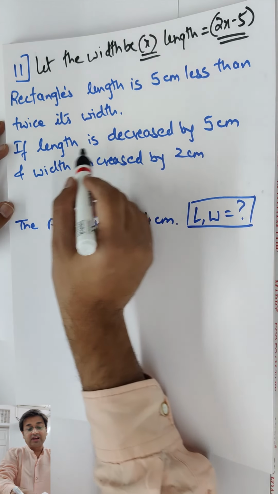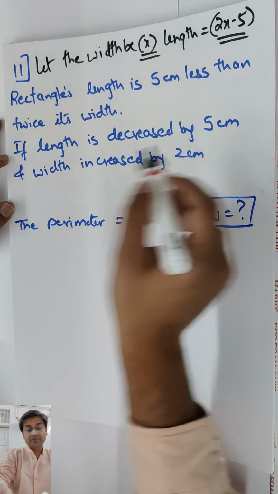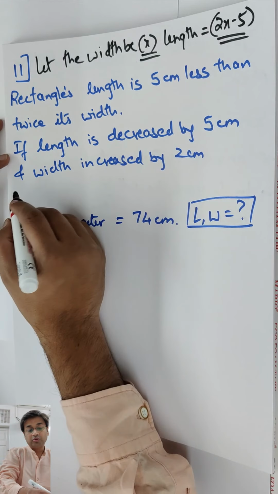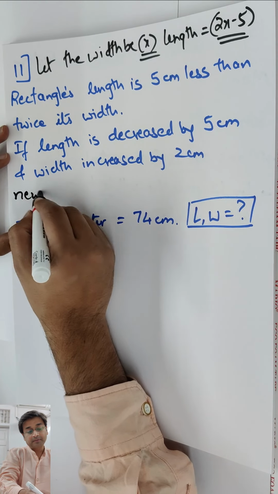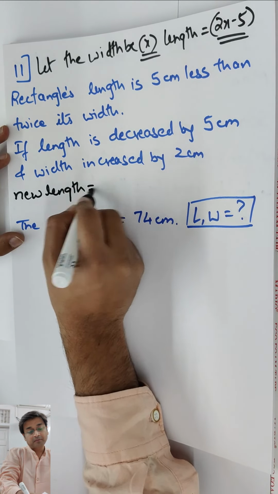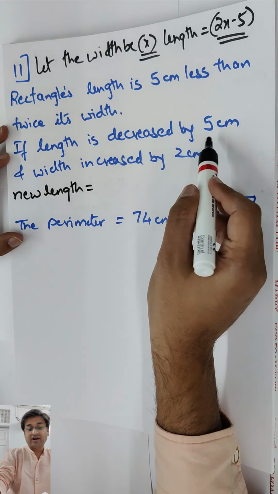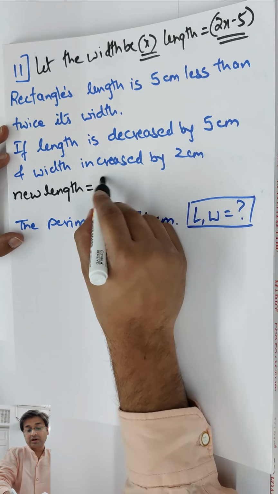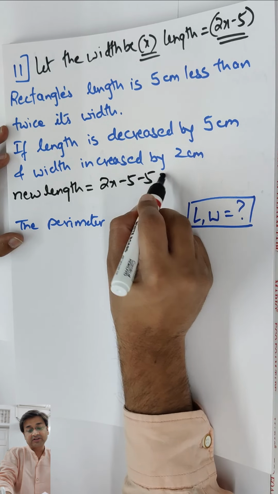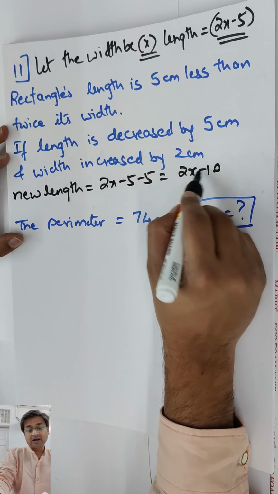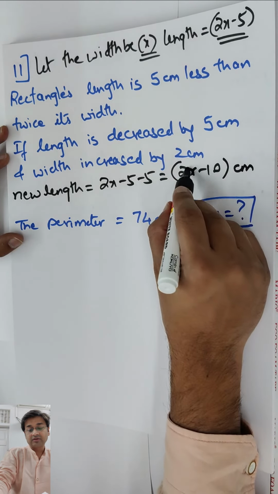Further, if the length is decreased by 5 and width increased by 2, so new length, decreased by 5, so 2x minus 5 minus 5, so it will be 2x minus 10 centimeters.